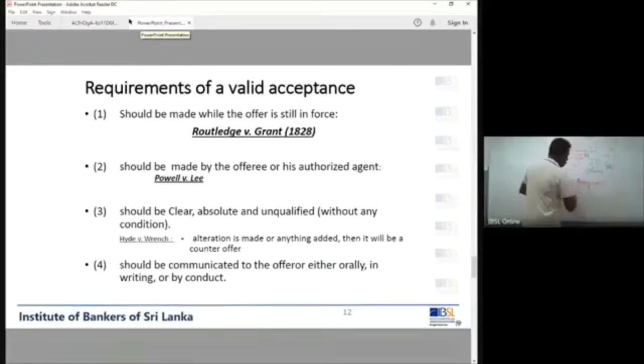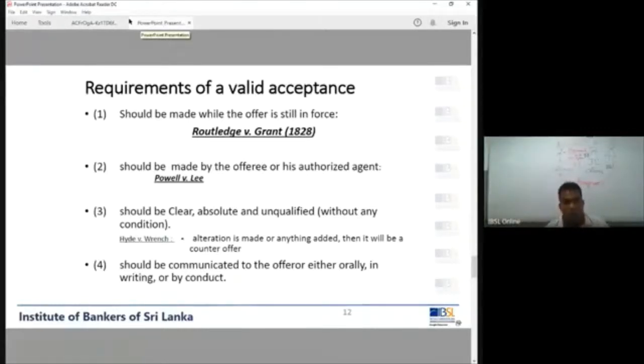Reason: an offer can be accepted only by the offeree, or the offeree's agent. So if C is not the offeree's agent, then there is no contract between A and C. That is the other important point that you have to remember.